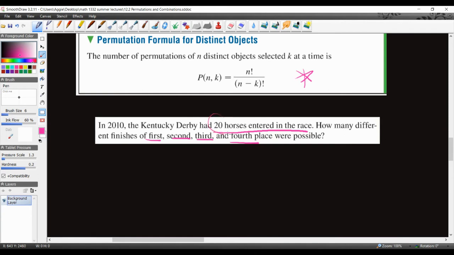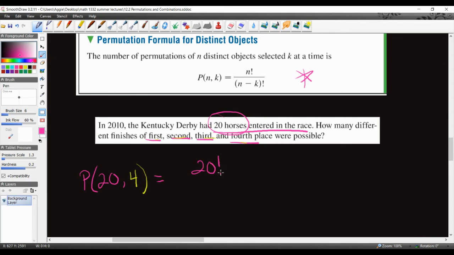So we have a total of 20 horses. If we want to write this officially, that would be this part right here. 20 is your n, your total number of distinct objects. And then we want first, second, third, and fourth place. So that's 4 spots that we need to choose from. So when I put this into my formula, I'm going to have the 20 on top.